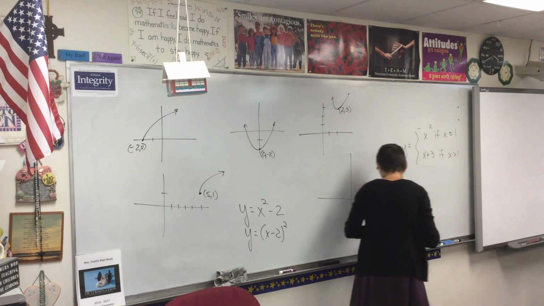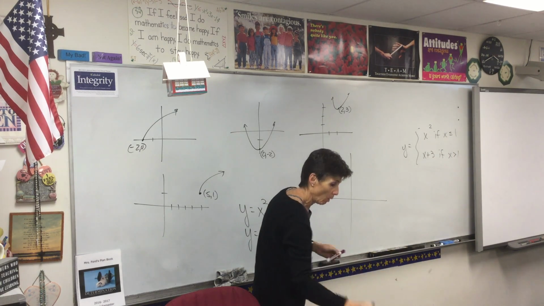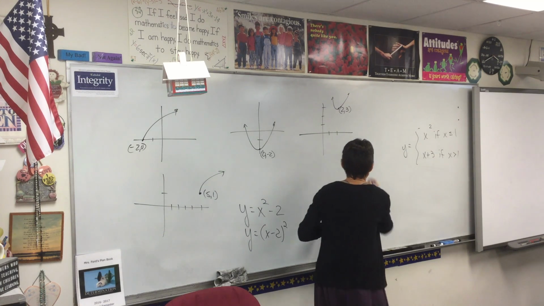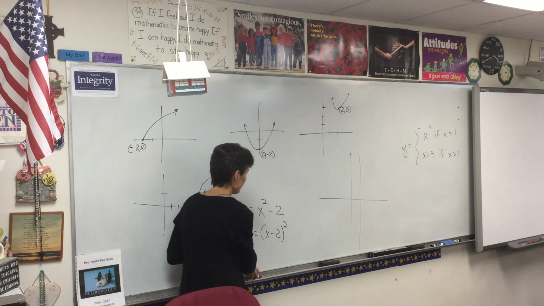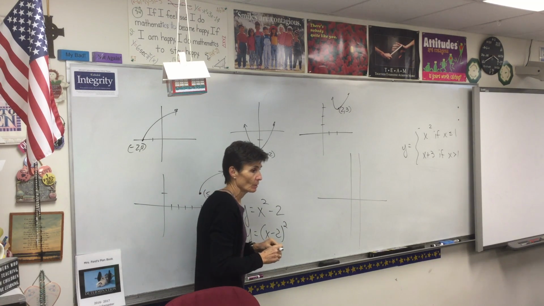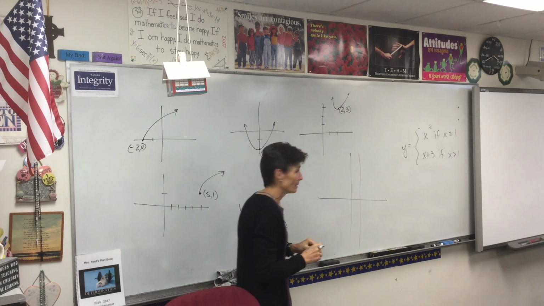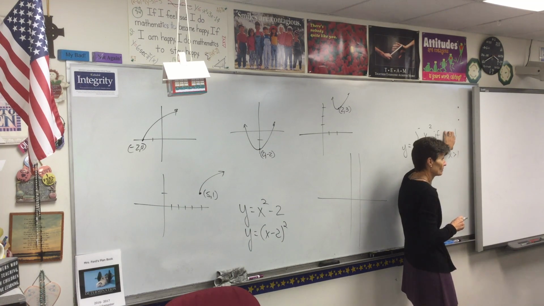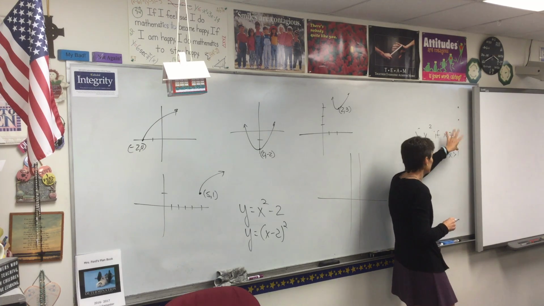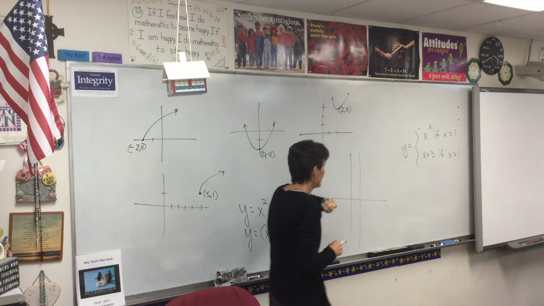This time my dividing line is going to be at 1. So I'm going to draw my line right there at 1. That's my dividing line. I put it right here. This is where it always goes. Whatever the X part is over here, that's where the dividing line goes.